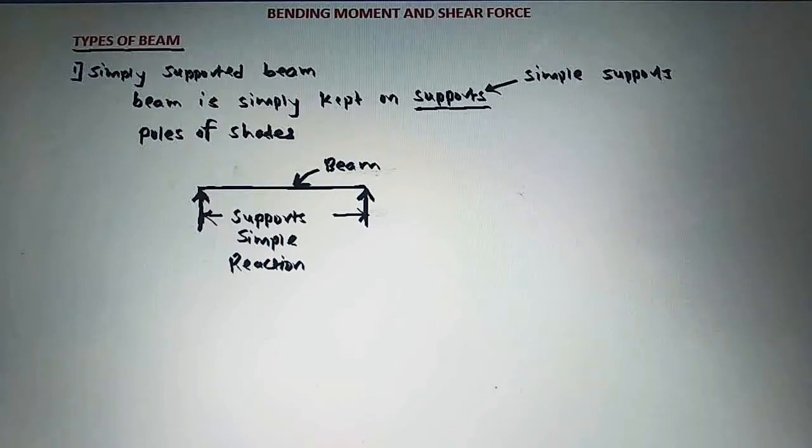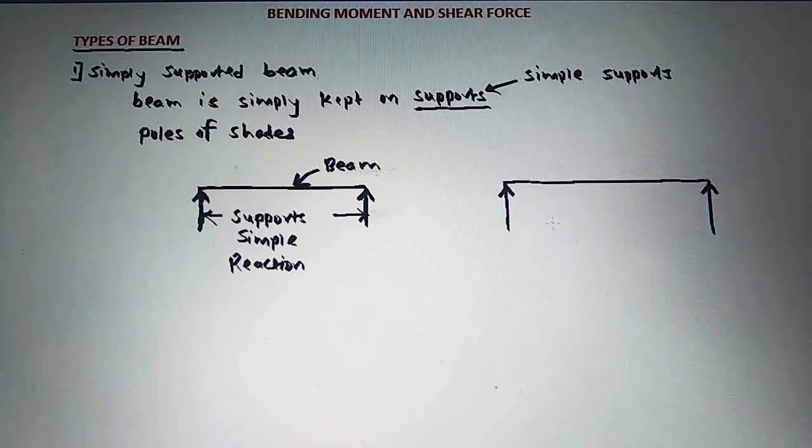So we can draw the simply supported beam as, see here, this is the beam, these are the two supports of the beam, and these are the reactions offered by the supports.